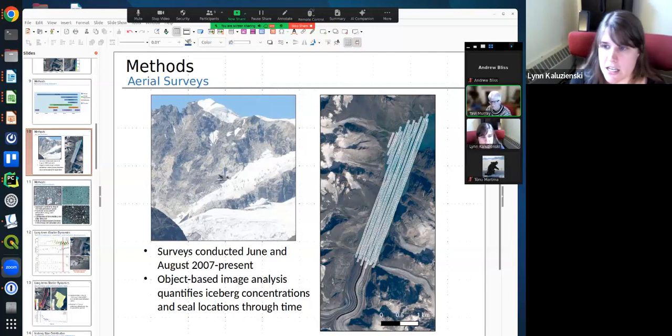So something like 90% of the seals would return year after year to their particular fjord. So the fact that they are not returning recently, I would attribute more to what's going on within the fjord. And hopefully we'll get more data on where they're going. If we could actually track and see if they are migrating to McBride, for example, I think that would be a really interesting study.